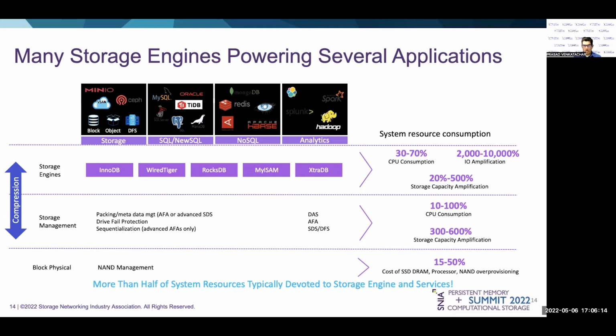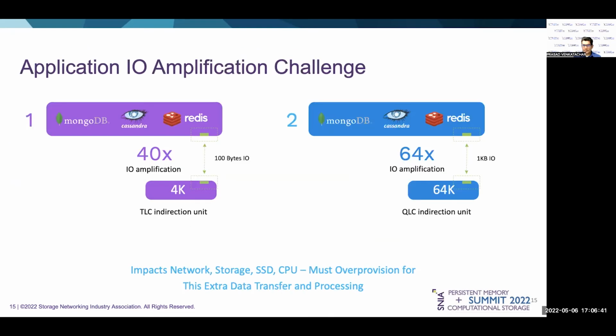Also, if anything converts random data to sequential data through sequentialization, there is a capacity and CPU overhead. There is also some overhead underneath at the SSD level for over-provisioning, and you have to factor in the DRAM and some of the processor that is incurred.